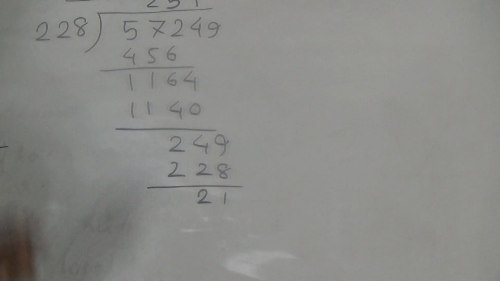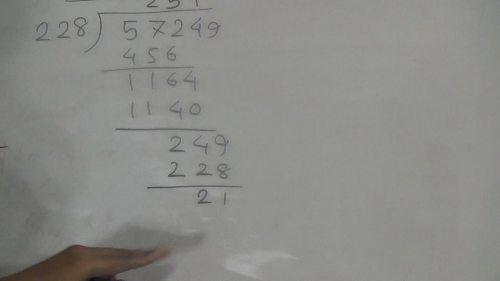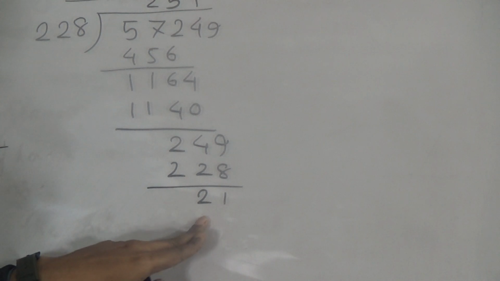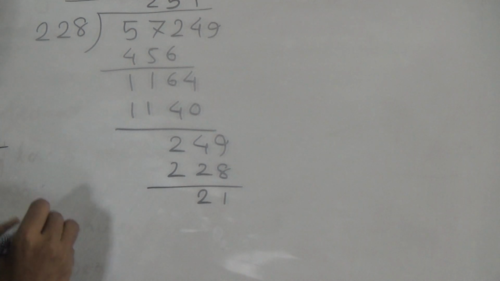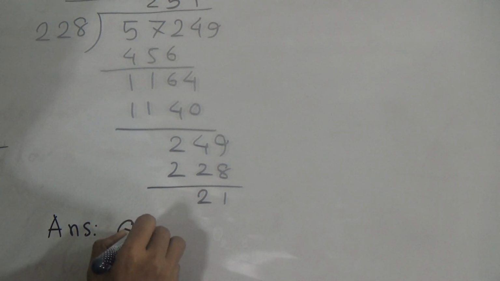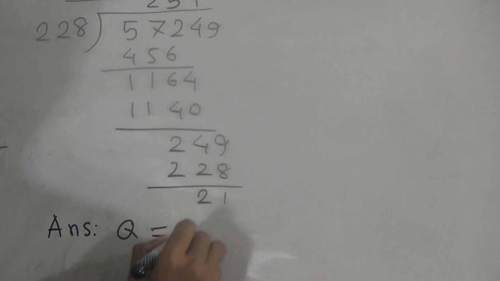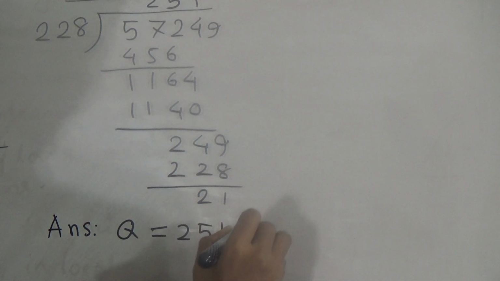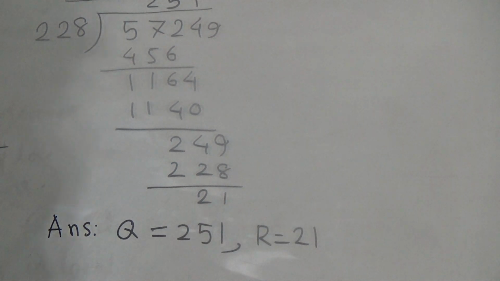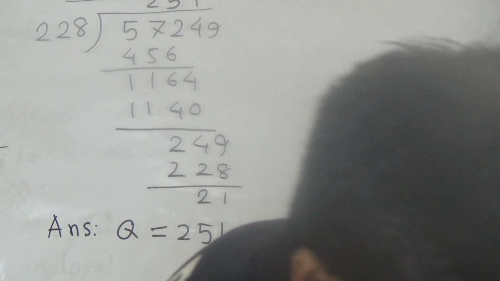Now 251, this is the quotient, and 21, this is the remainder. Now write the answer: quotient 251 and remainder 21. Student, look now.